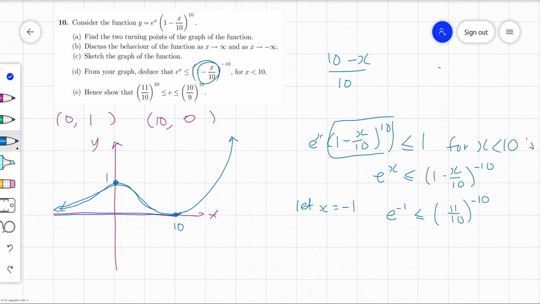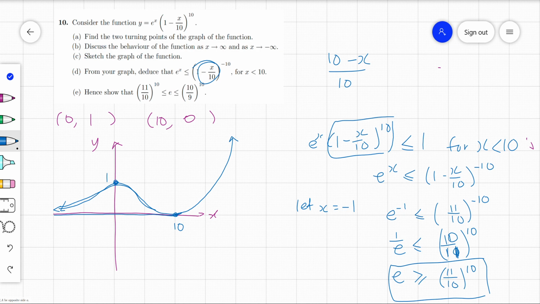Alright, so that is 1 on e is less than or equal to 11 on 10, or 10 on 11 to the power of 10. Oh, okay, so I want e to be greater than, which makes sense because they're both positive, so if I do the reciprocal, I can change this inequality to that part.